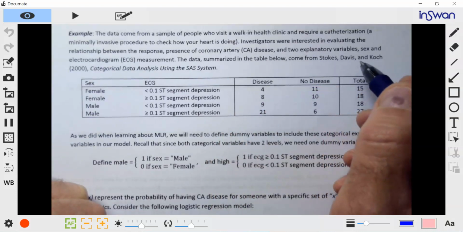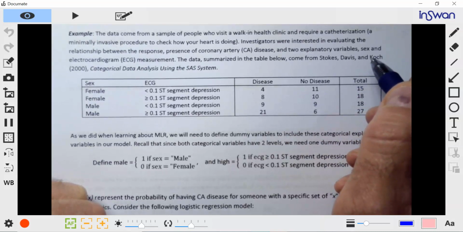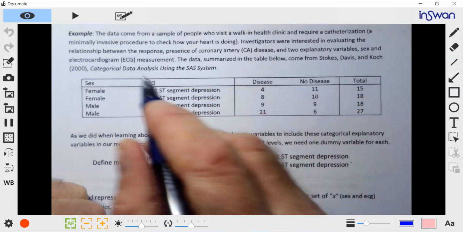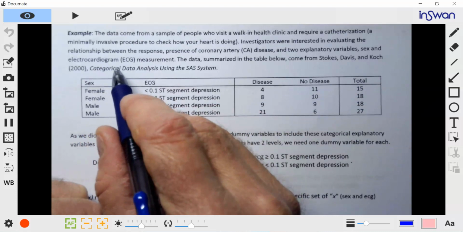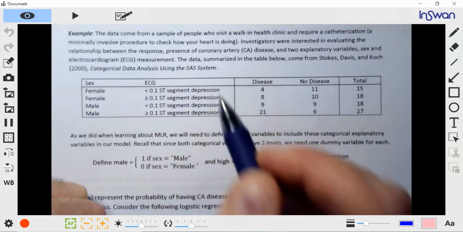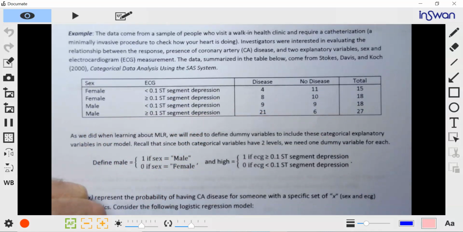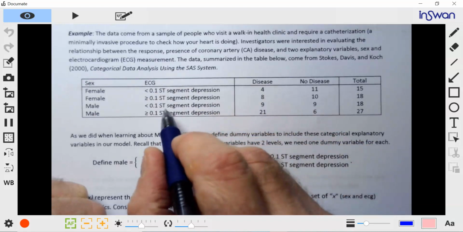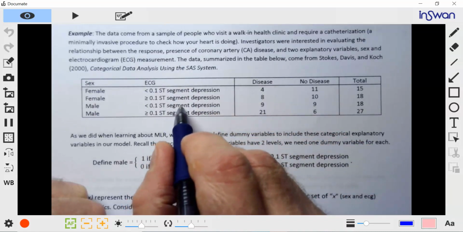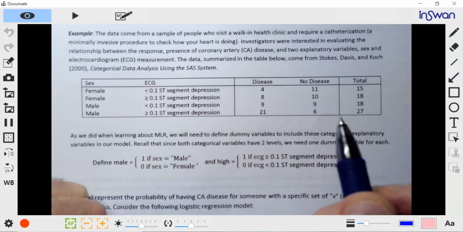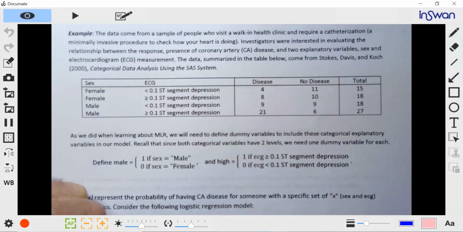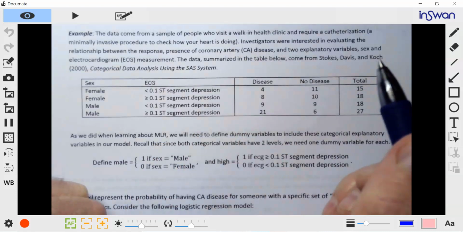And two explanatory variables: sex, male and female, and electrocardiogram or ECG measurement, which we're going to divide into high and low. Typically a high ST segment depression is bad and low is good. So we'll see how that plays out.